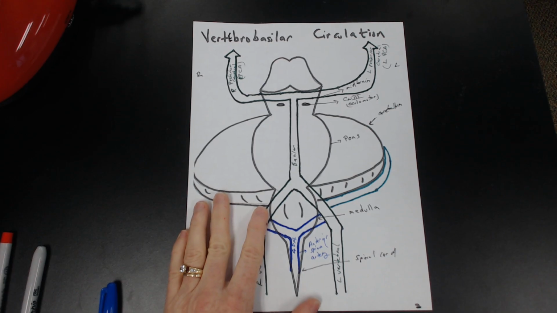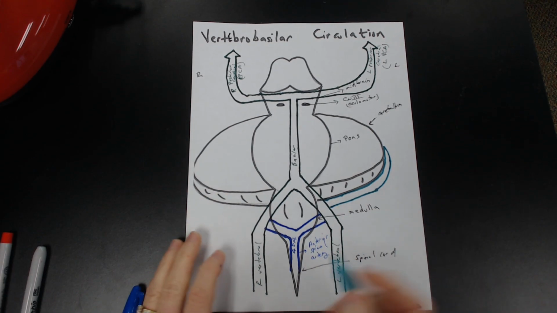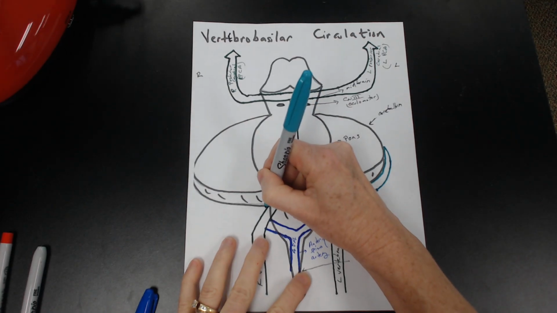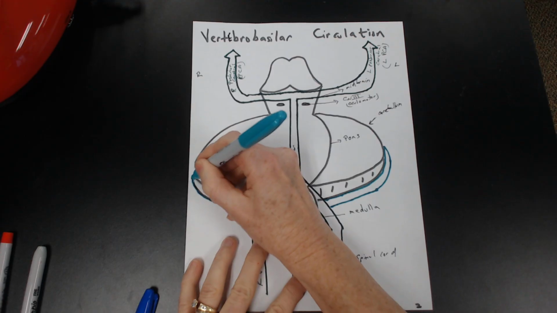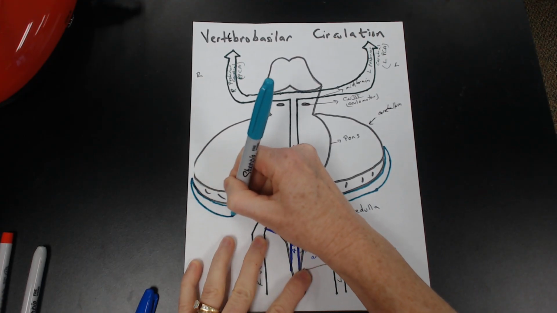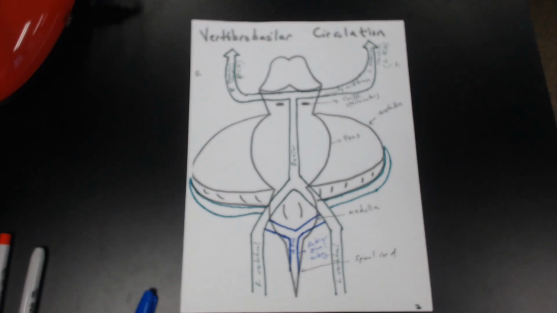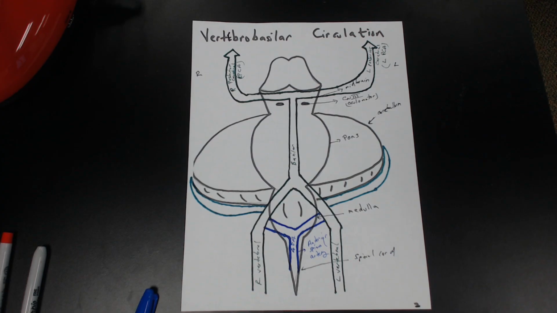No? Okay. Coming off the left and right vertebral artery, you have this artery. This artery is responsible for supplying the posterior inferior surface of the cerebellum with blood. Okay, there's one.